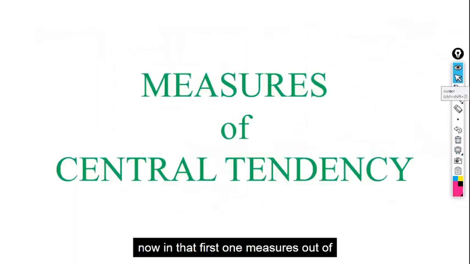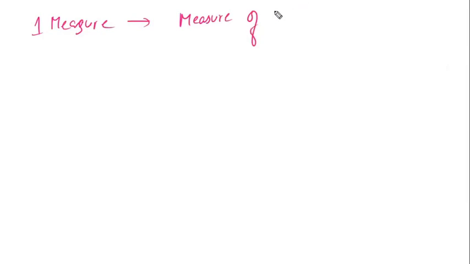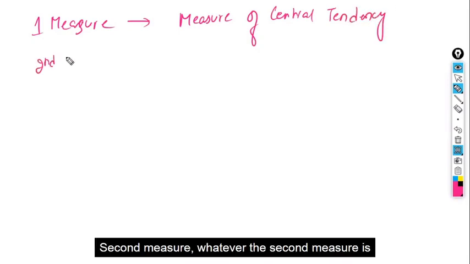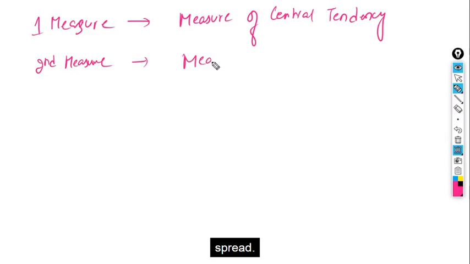Right? Now, in that first one, measures. Out of the measures, we have 4 different types of measures. The first measure is the measure of central tendency. The second measure is called the measure of spread.